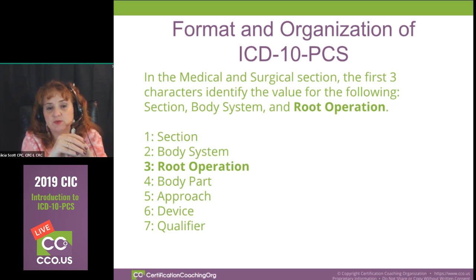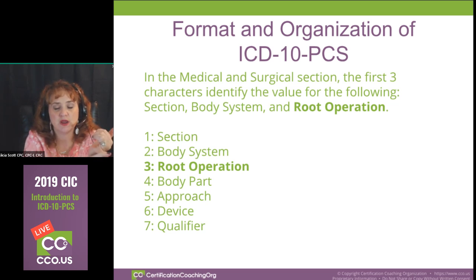Root operation, we're going to amputate the leg below the knee, a BKA, below the knee amputation. So the root operation is a removal, right? So now we have O, and the second placement would be the body system.